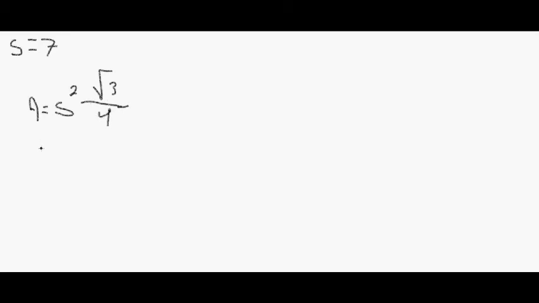Now all we have to do is fill it in. So A equals 7 squared times square root of 3 over 4, which is 49 times the square root of 3 over 4. And that's the answer because it can't be divided.